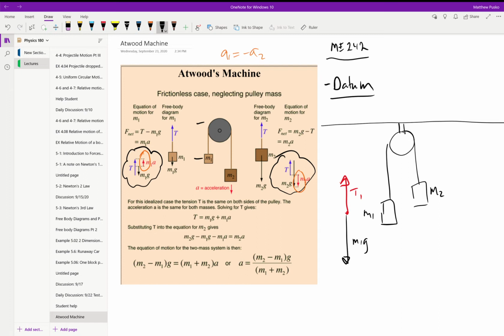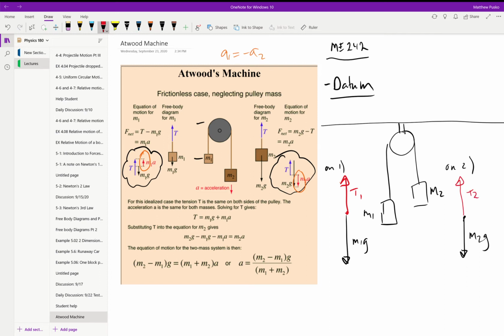We can do the free body diagram on 2, so this is on 1. On 2, we also have the component of weight going down for mass 2, and we also have some T2.